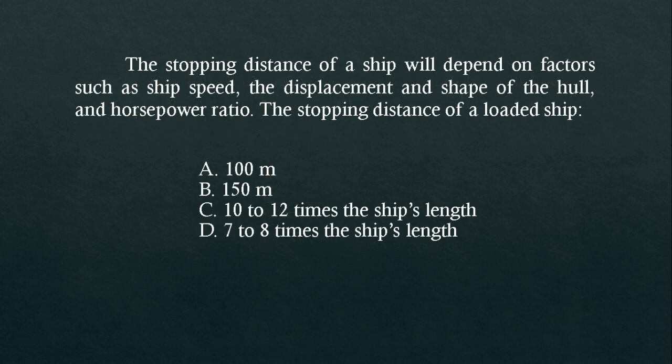The stopping distance of a ship will depend on factors such as ship speed, the displacement and shape of the hull, and horsepower ratio. The stopping distance of a loaded ship.